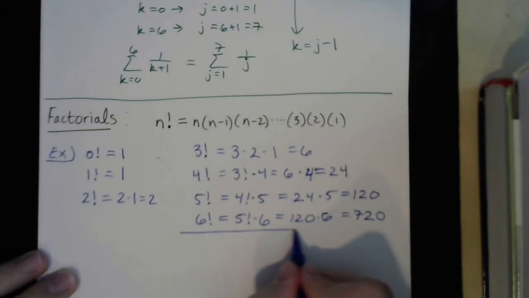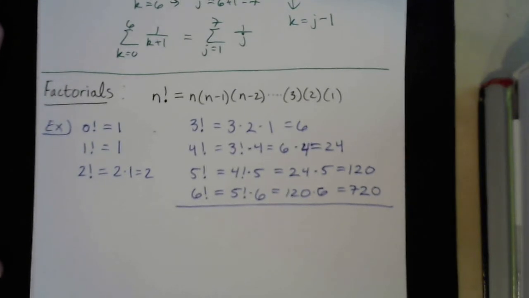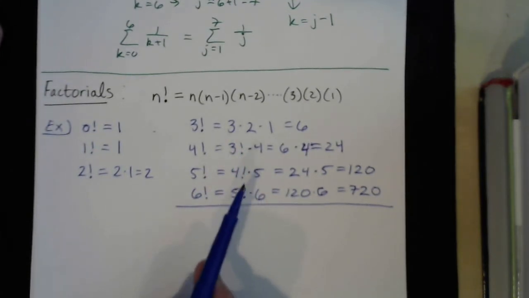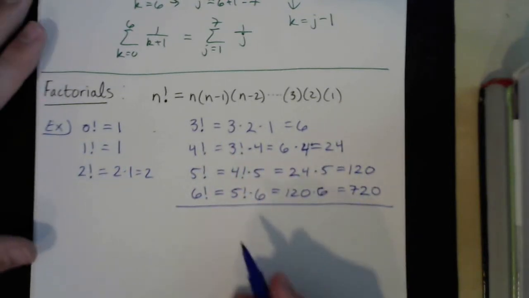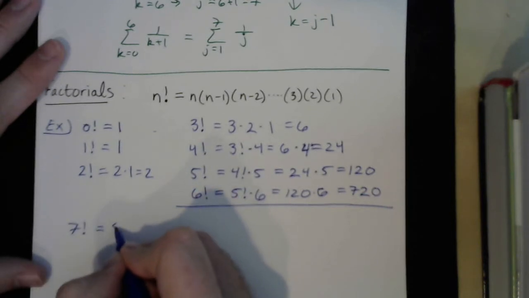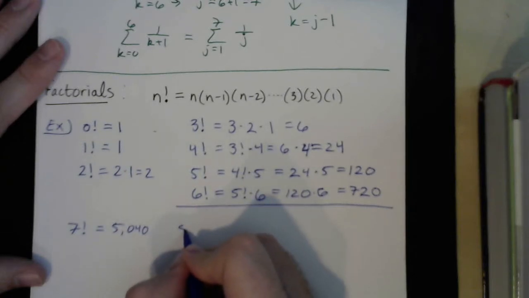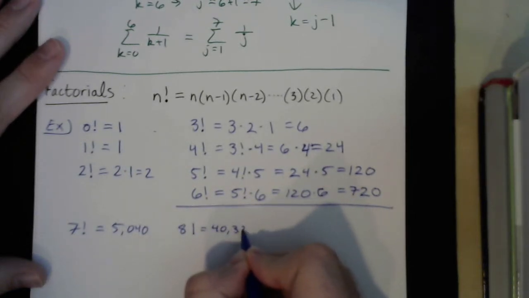And this is the end of the factorials that people generally know off the top of their head, up to 6 factorial, because we can construct them in this kind of recursive fashion: 1, 2, 6, 24, 120, 720. But in case you were curious, 7 factorial is 5,040. It's just 720 times 7. 8 factorial is 40,320.